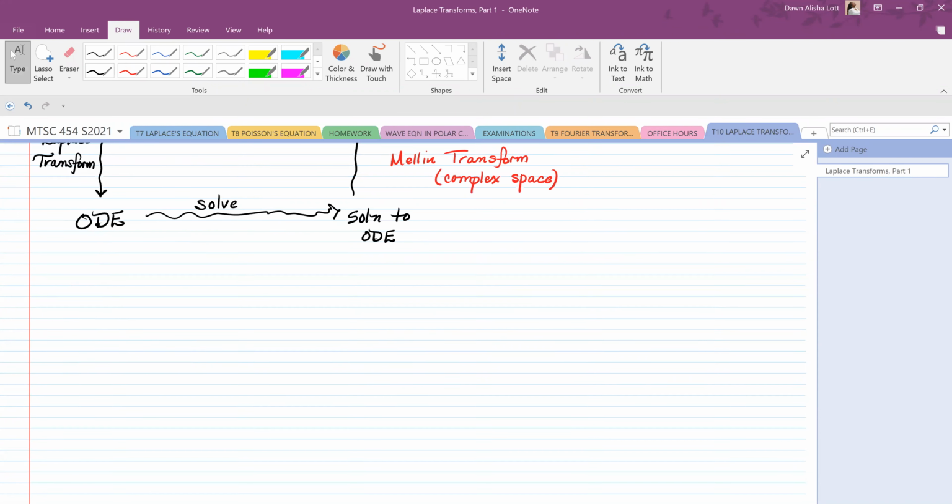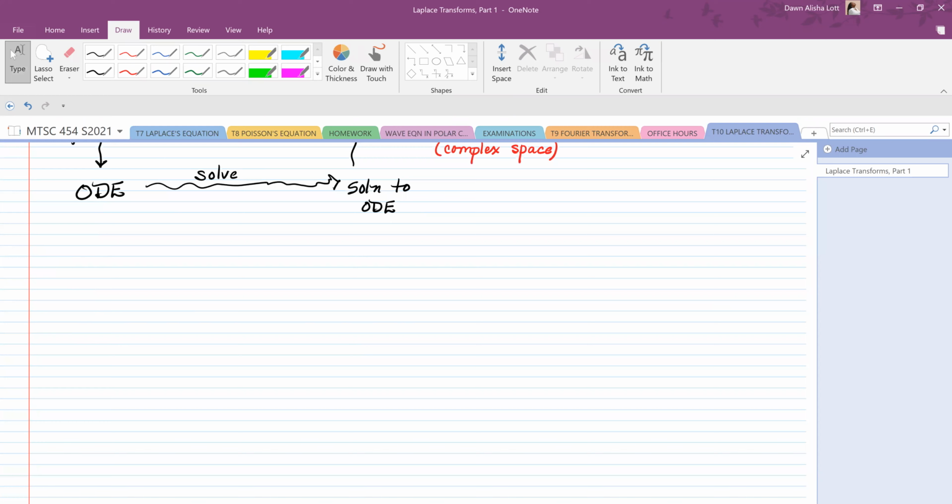Okay, so if you remember, the requirement for a Fourier transform was that after some point, the function had to be zero or going to zero in order to be able to take the Fourier transform. So we have something similar for the Laplace transform.